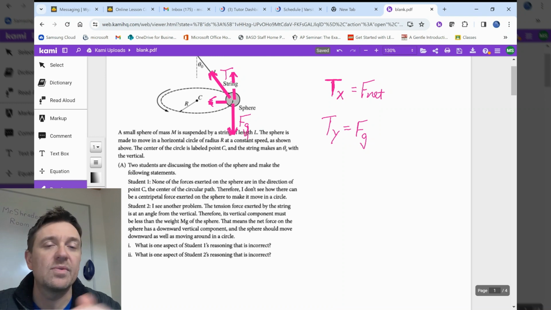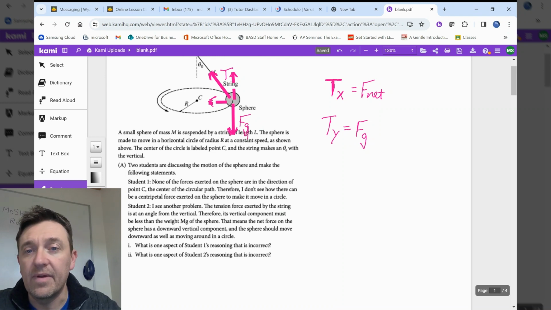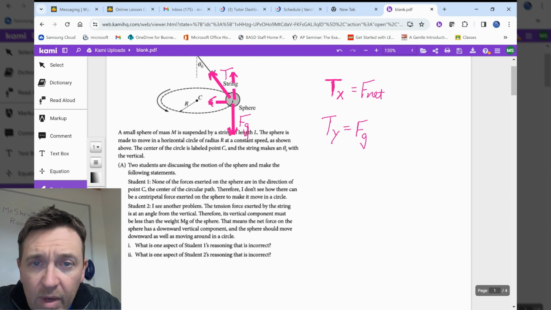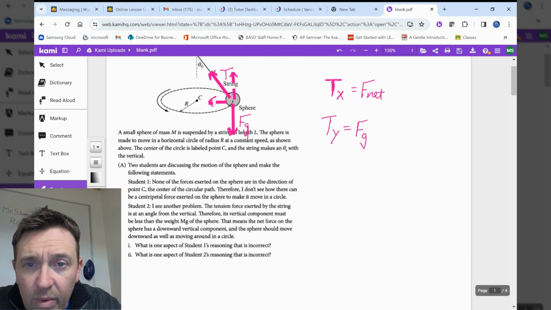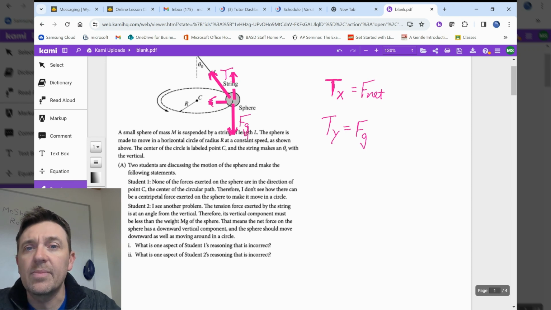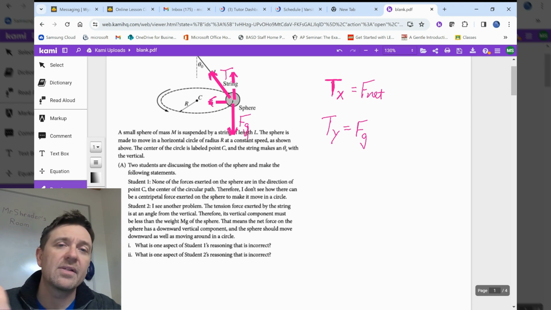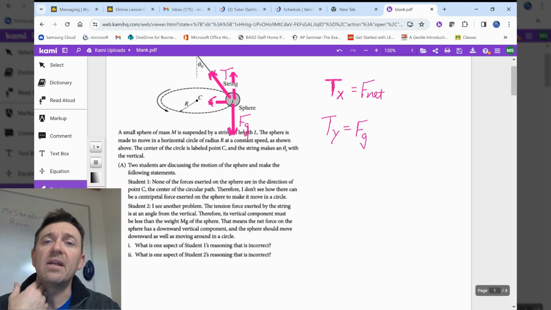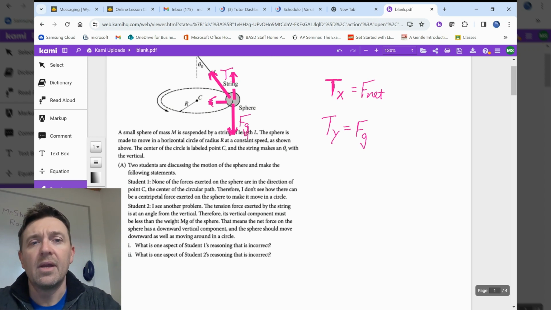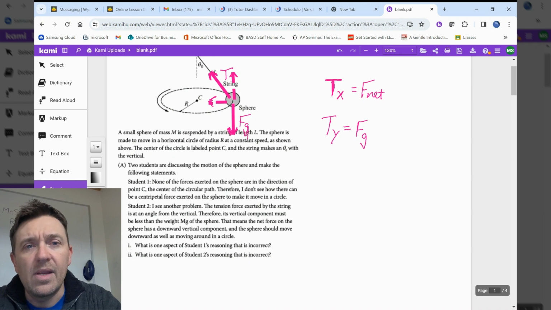If we were tasked with solving for some unknown variable here, we're given m, we're given L, we're given R, we're given theta. So if we were tasked with something like, for example, let's solve for the speed of the ball as it goes around the circle. Well, in that case, we would substitute in for Tx, that Tx is T times the sine of theta.